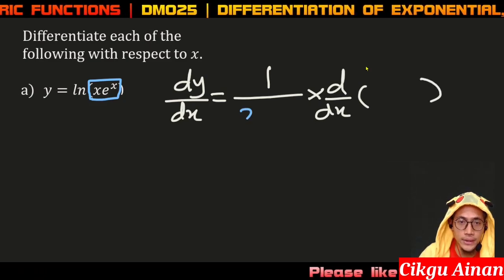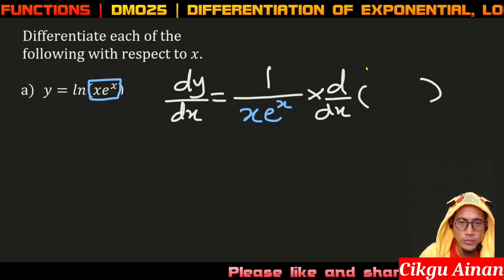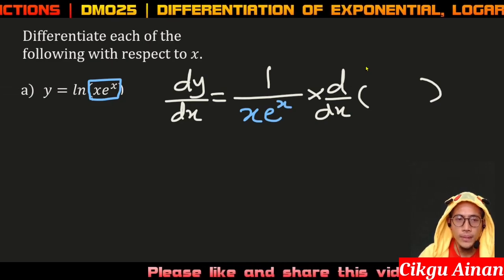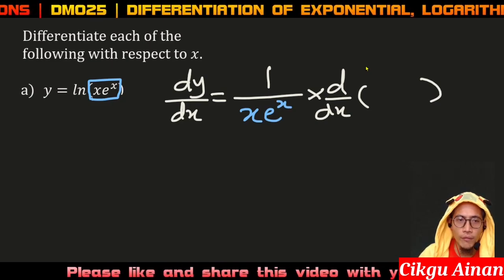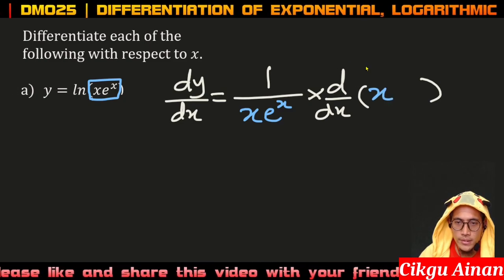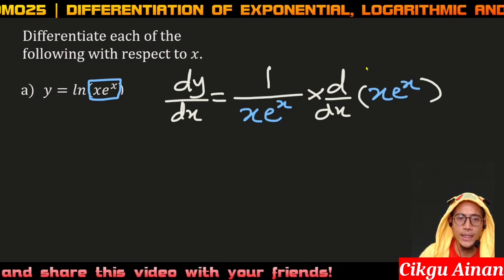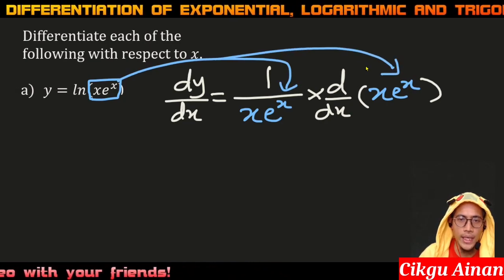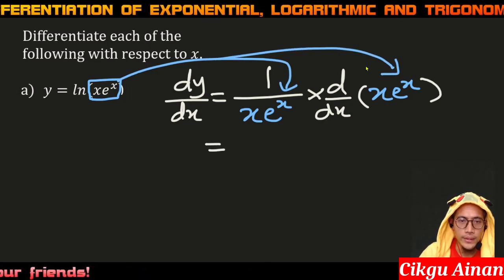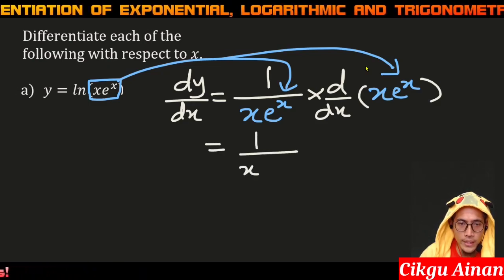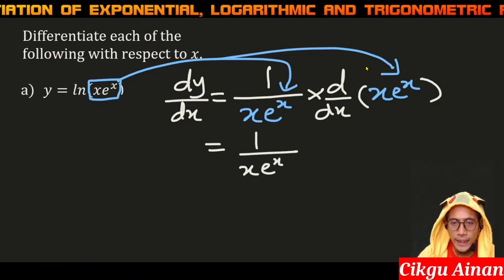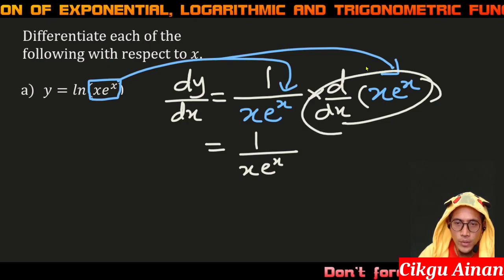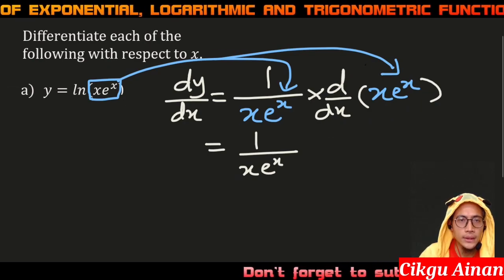The bracket is x e to the power of x, multiplied by the differentiation of the bracket, which is the same thing. So this one goes here and that one goes there as well. Now, next, 1 over x e to the power of x. Differentiating this one is the next step.